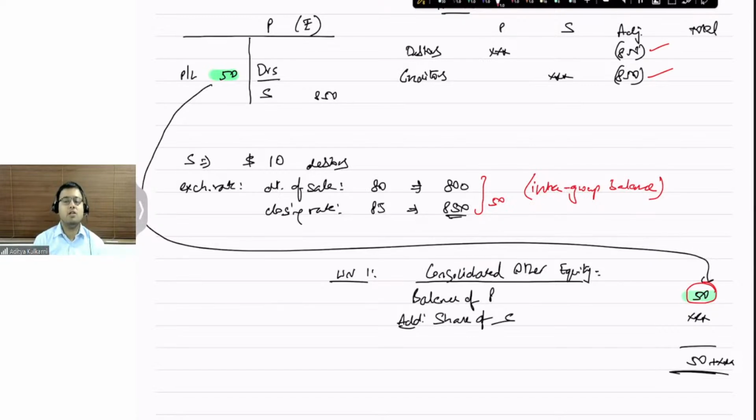This 50 rupees foreign currency gain or loss, whatever it is, is a representation of the risk that not only the parent has, but the group also is exposed to. And therefore, this 50 we are not going to eliminate. It will continue to remain in the P&L as it is.